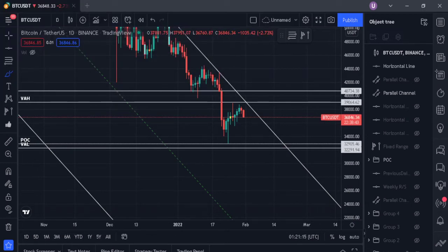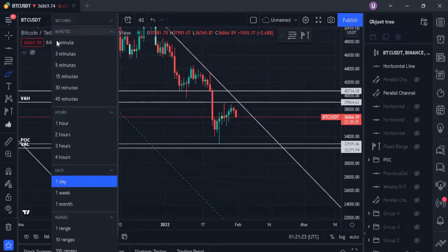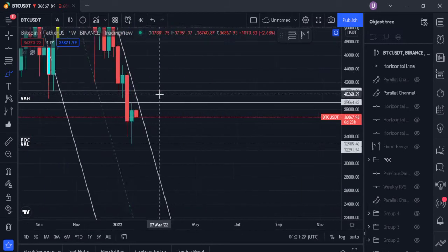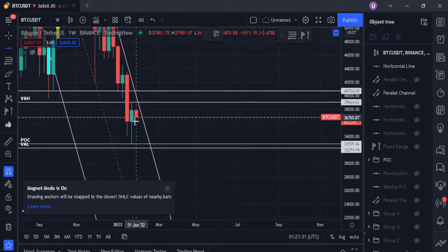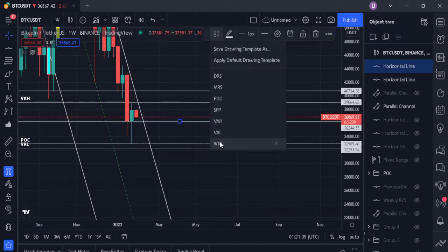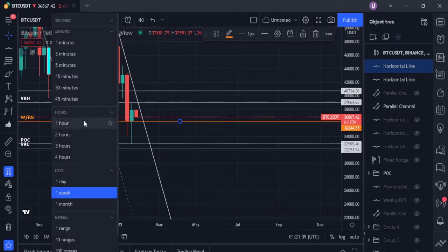Now, what's our next potential entries for Bitcoin? So let's find our support areas and resistance areas. On the weekly, we have confirmed a support area around this area. Let's call it 36,245.